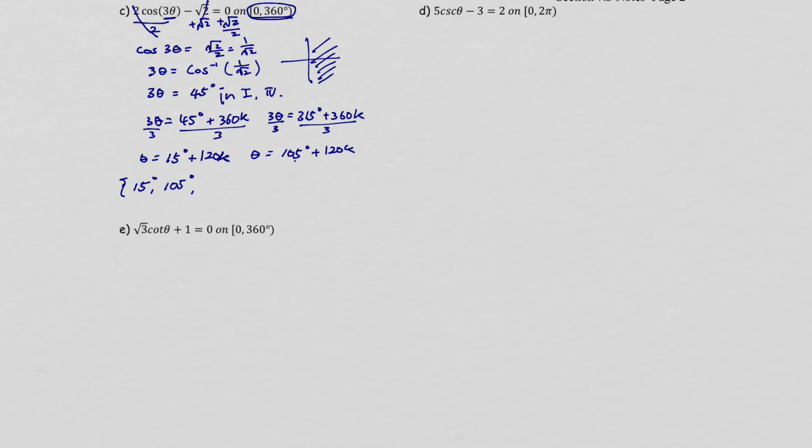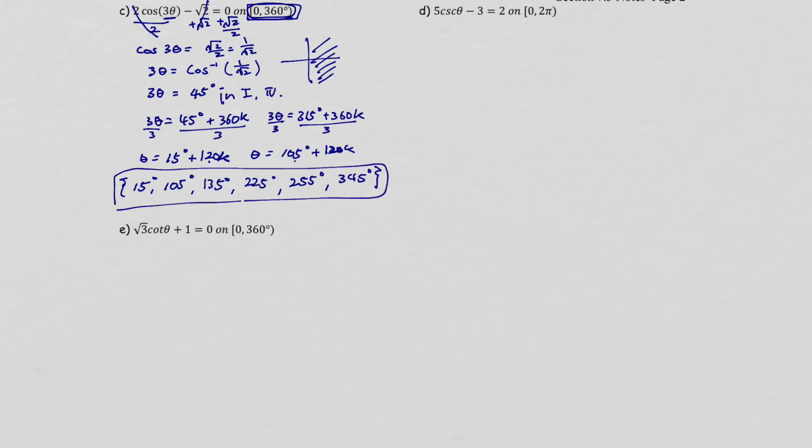And when k is 1, it will be 120 plus 15, so that will be 135. 120 plus 105, that's 225. 240 plus 15, so it'll be 255. And that gives you 345. That will be all the angles within 1 unit circle that satisfy these equations.